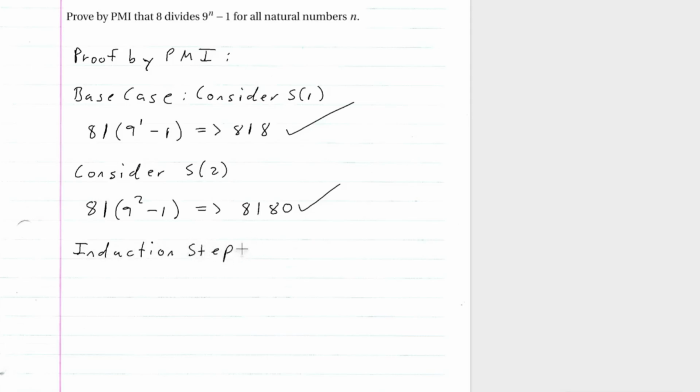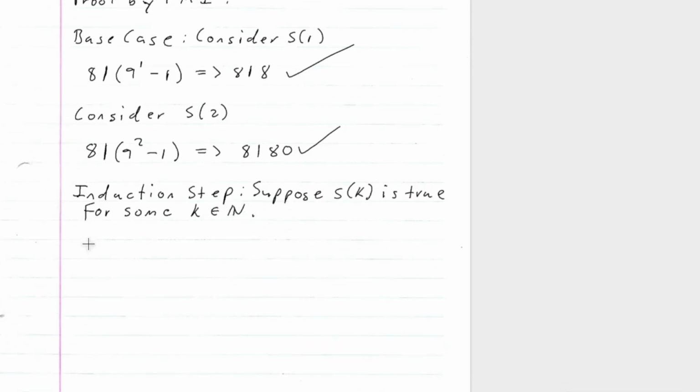Okay. So in the induction step, we're going to suppose the statement revolving around some natural number k is true, right? For some k contained in the natural numbers. So this implies that 8 divides 9 to the k minus 1.